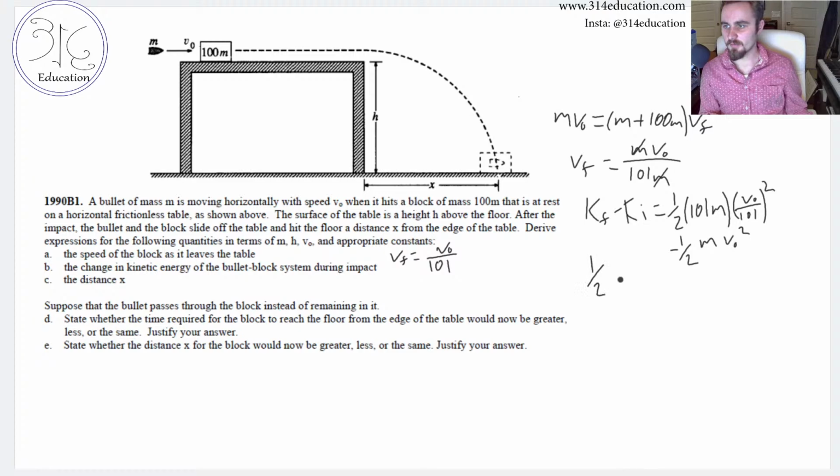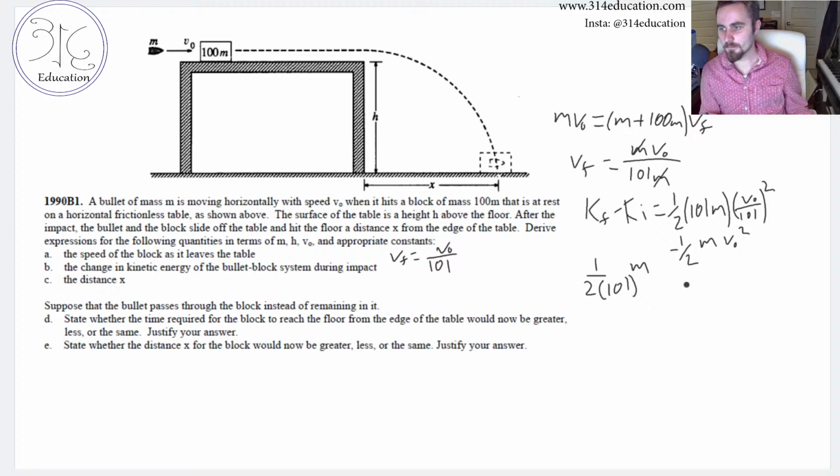So we'll cancel the 101, and we'll have 1 over 101 with the 1/2. We still have the 101 from one of the v naught over 101 squared. The top one was canceled.